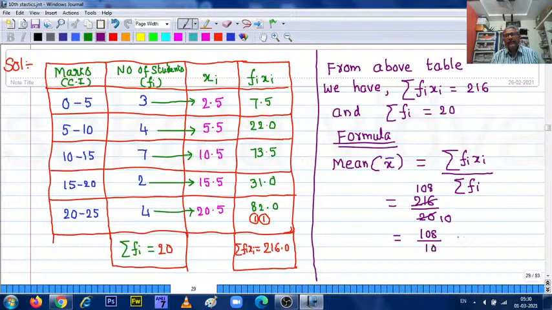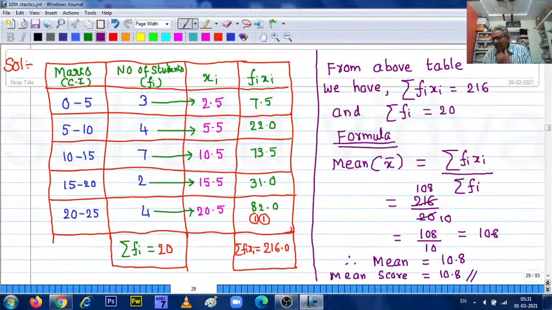So 108 by 10 means put 1 decimal point. Therefore the mean equals 10.8, or we can write mean score equals 10.8. So this is the answer. I think you might have understood this question.